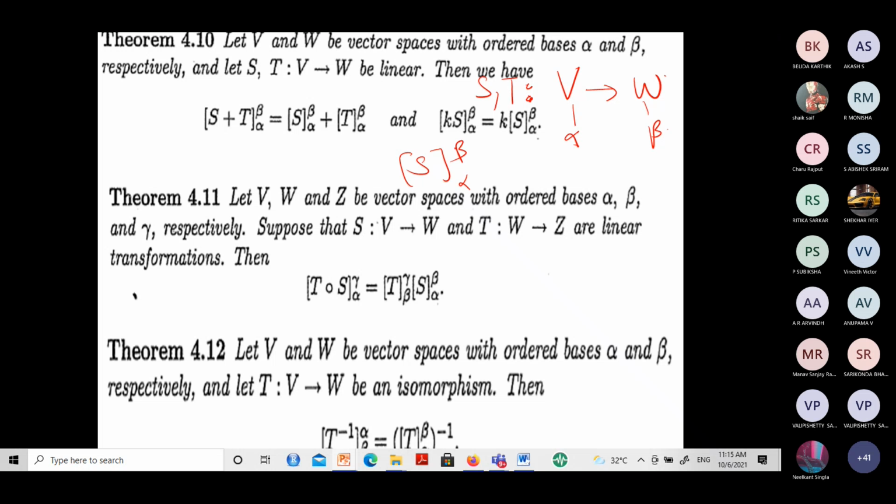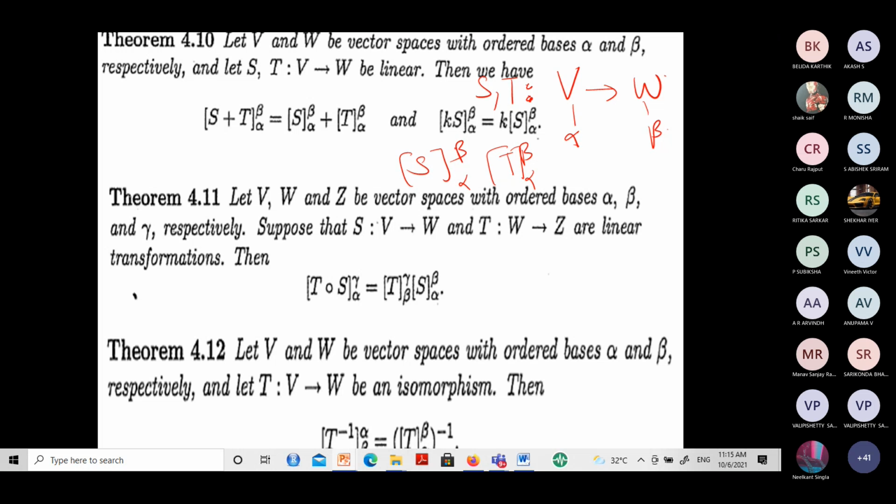Can anybody say what is this? This is the associated matrix of the linear transformation S from alpha to beta. Correct? So similarly, T alpha to beta means what? It is the associated matrix of the linear transformation T from alpha to beta. Okay, can you understand this point?